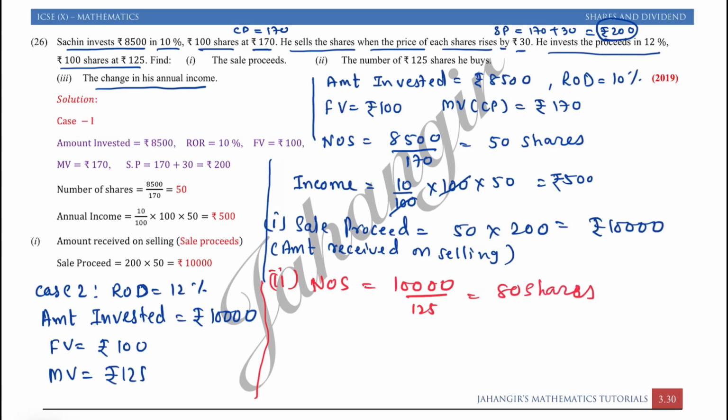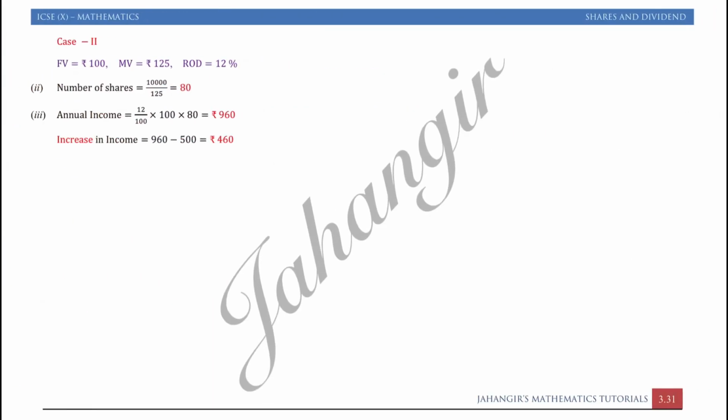Now we have to find change in income. The first case income was 500. Let us find income in second case. The income in second case is equal to ROD 12% upon 100 into face value into number of shares, which is 80. 0 cancel, 12 into 80, it's 960 rupees.